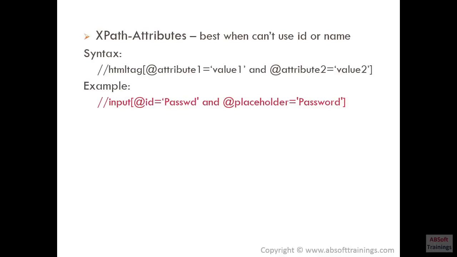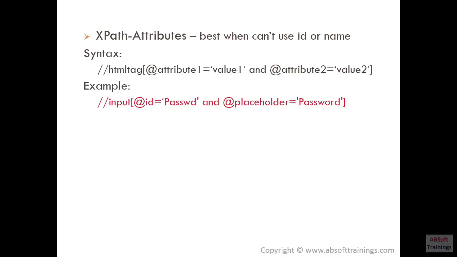Then along with the id you look for other attributes of the element. If there is a placeholder with password, you can combine these two. You can say I'm looking for an element with id passwd, along with that placeholder is password.